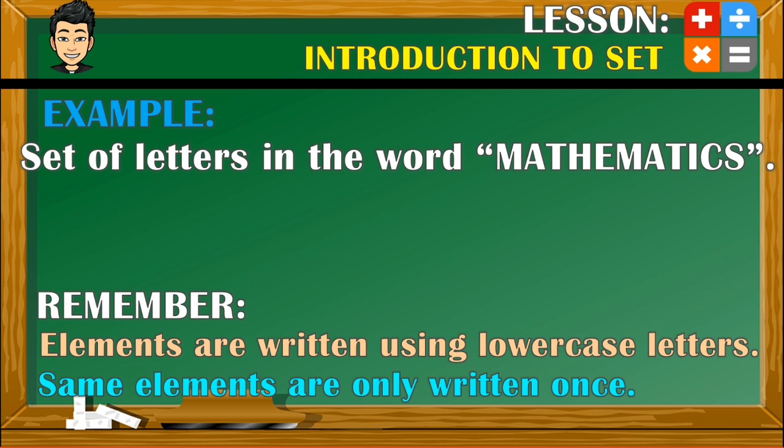And so, these repeated letters will only be written once. So let's name our set as set L. Then equal sign, followed by an open bracket, then we write the elements. So we have M, A, T, and the remaining letters. Then close bracket.